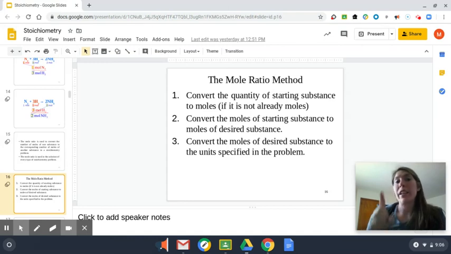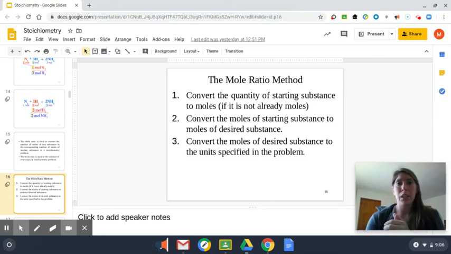You have to convert that starting substance into moles if it's not already in moles. Then we take the moles of the starting substance and convert them into the moles of the desired substance using the mole ratio. Then, if we have to, we convert the moles of the desired substance into units specified in the problem.